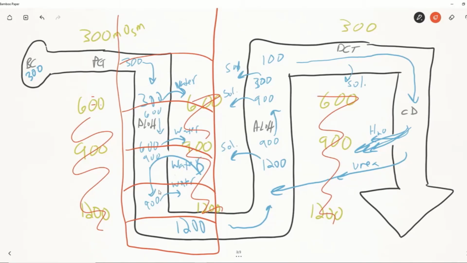More water remains in the filtrate, and more water leaves in the urine. So this whole setup can be used to maximize water reabsorption. It can even go higher in the presence of aldosterone and ADH, or it can be reduced in the presence of ANP.